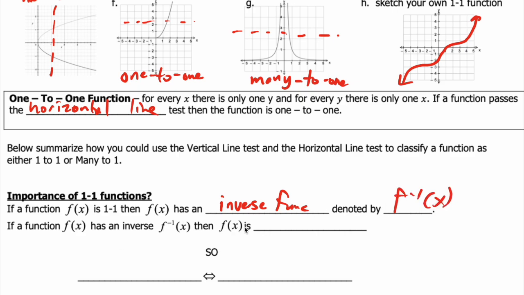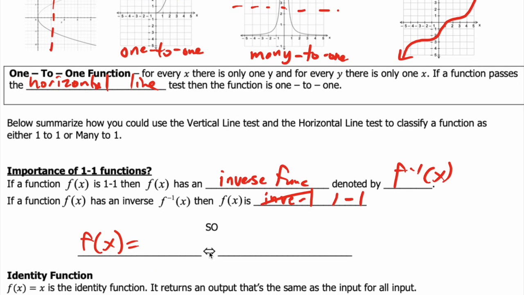If a function has an inverse, f of x, then f of x is, we'll say, invertible, or well, we could say one to one. This is one to one, it's not one subtract one. Now this is a two-way implication sign, right? If and only if. This is what we say the symbol is.